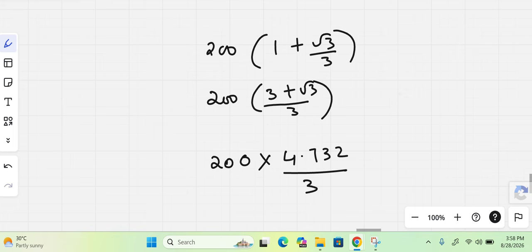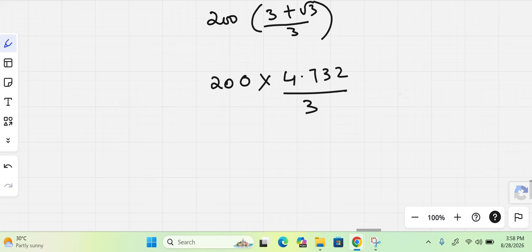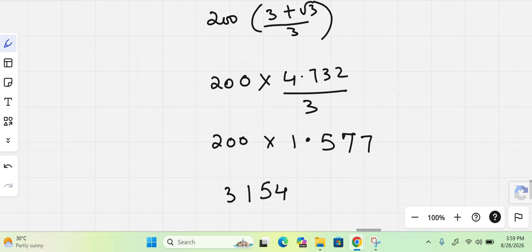Correct? 200 into 1.577 gives 315.4 meters. Did you all get this much?